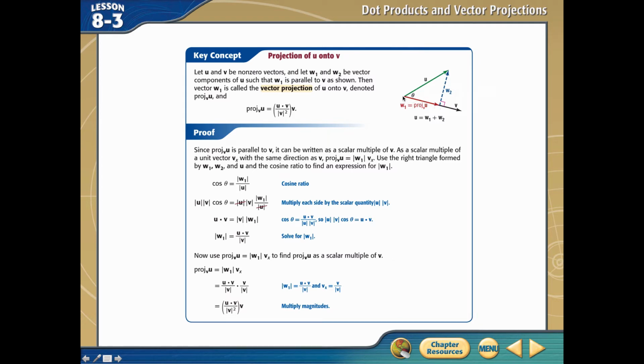So this projection will have some magnitude and it will have some direction, and w2 is perpendicular to that. So the cross product of w1 and w2, I'm sorry, the dot product, we haven't gotten to cross products yet, the dot product will be 0 of these two vectors. And so if you want to think about it, the projection of u on v is kind of like the shadow that you would make onto v.